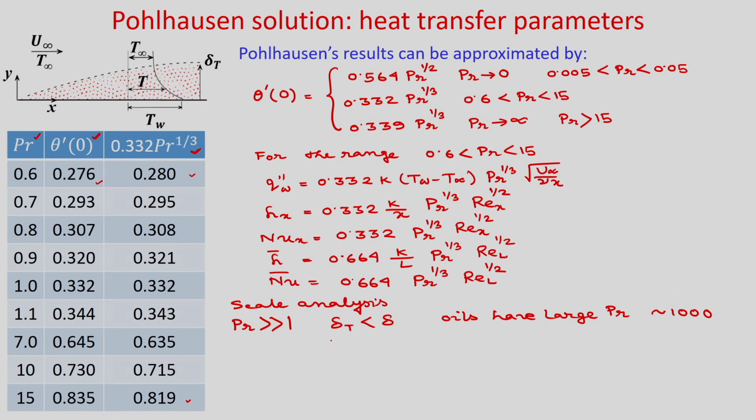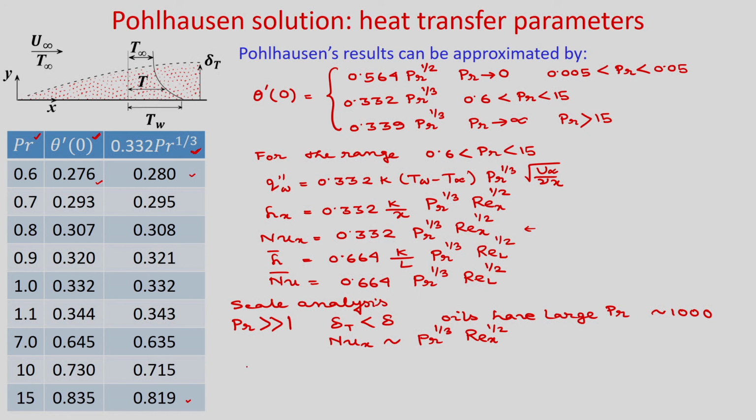Okay. So, here if you recall, we have written Nusselt number x of order Prandtl number to the power 1 by 3 Re x to the power half. So, you can see here, the same order with a value 0.332.